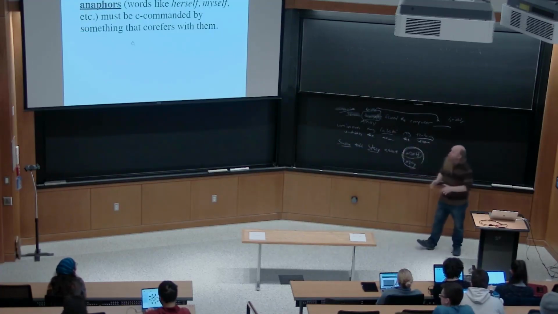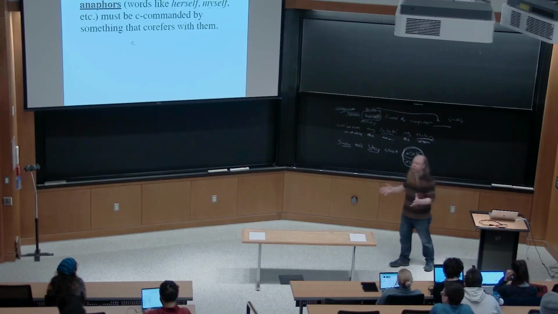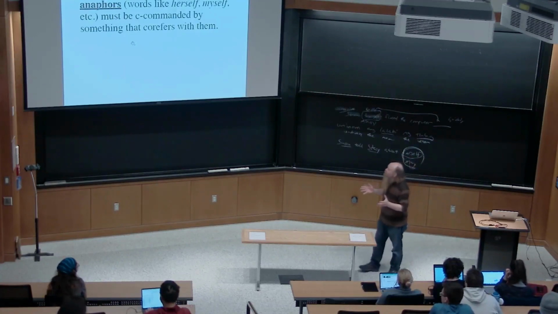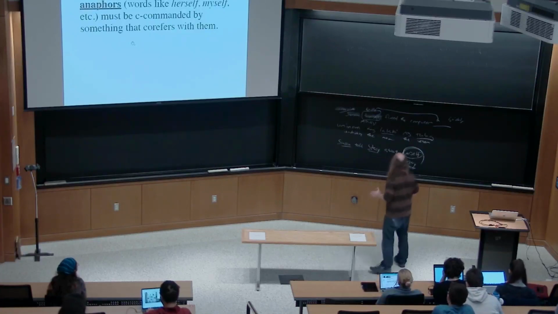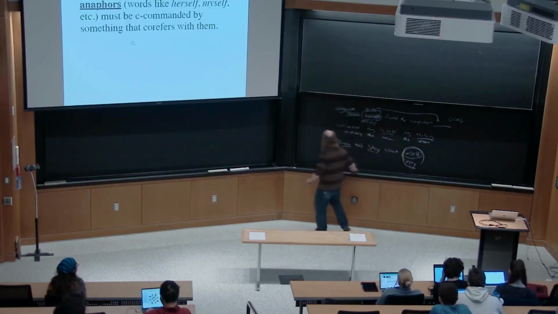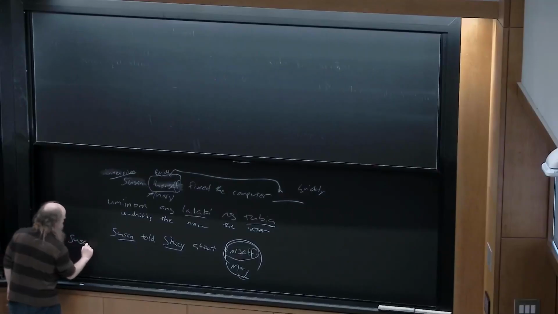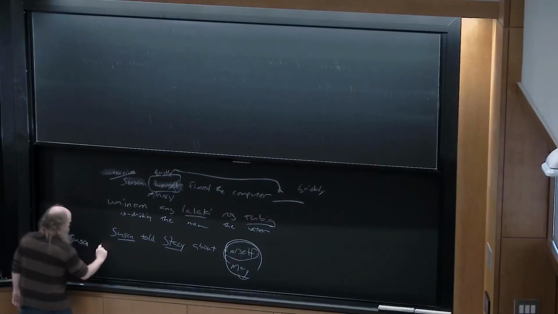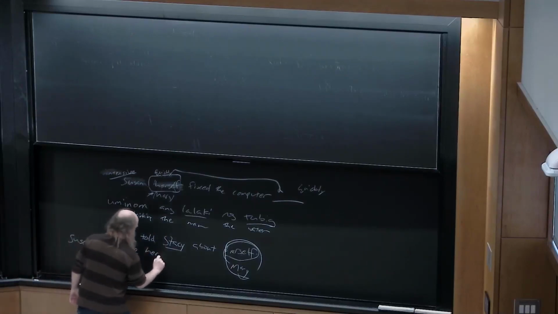So far you may have noticed all of my examples have only been one clause long. We're going to make things more complicated in just a second. We've been talking about the fact that you can say Susan must like herself.